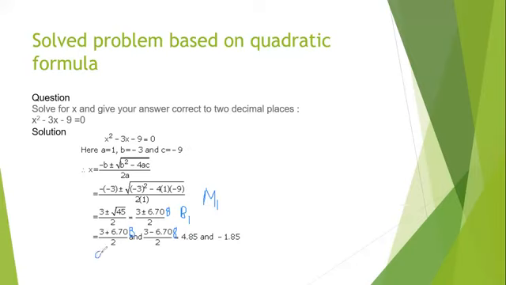Now, this was the plus minus sign. The value of root 45 will be used once with plus sign and once with minus sign. When I use it with plus sign, it will be 9.708 divided by 2.